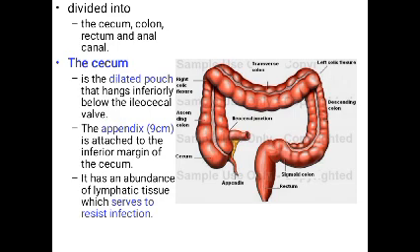The cecum is the dilated pouch that hangs inferiorly below the ileocecal valve. The appendix, 9 cm, is attached to the inferior margin of the cecum. It has an abundance of lymphatic tissue which serves to resist infection.